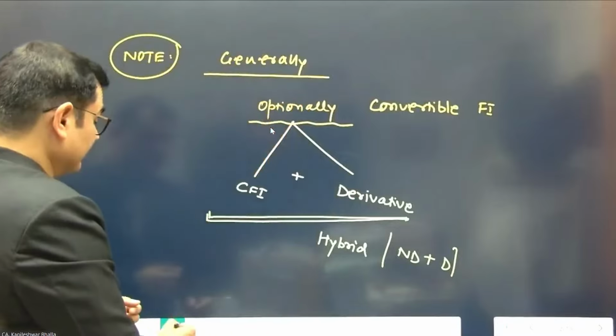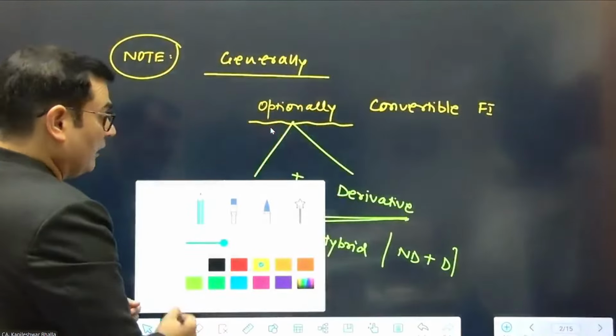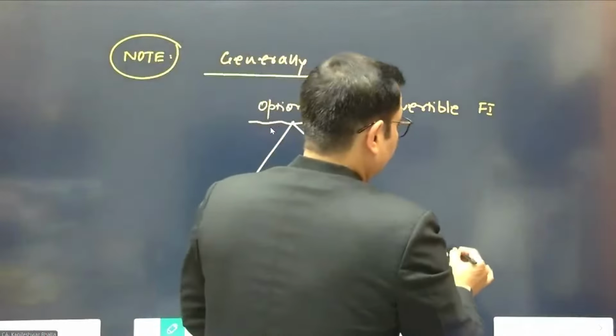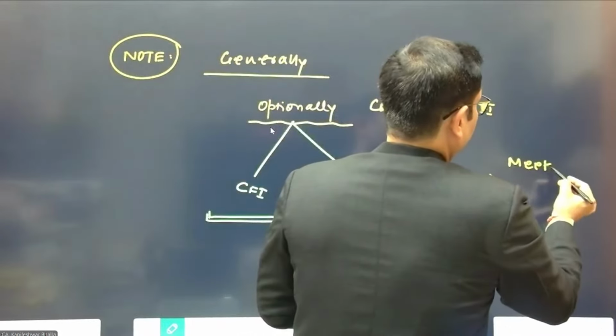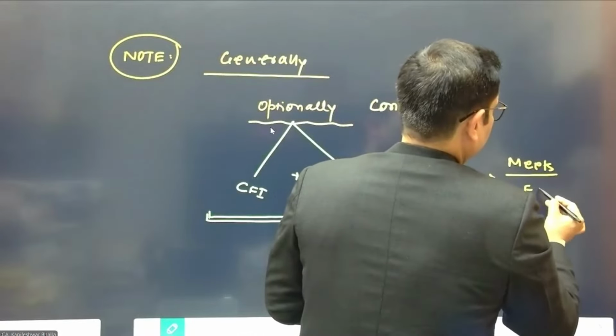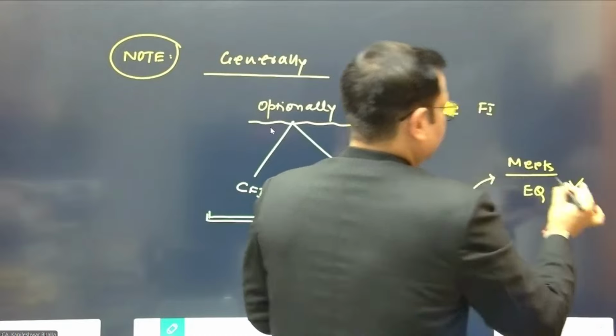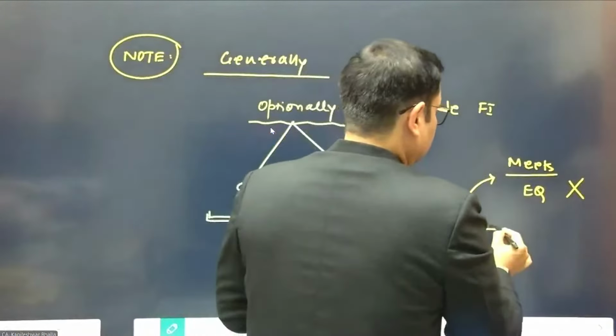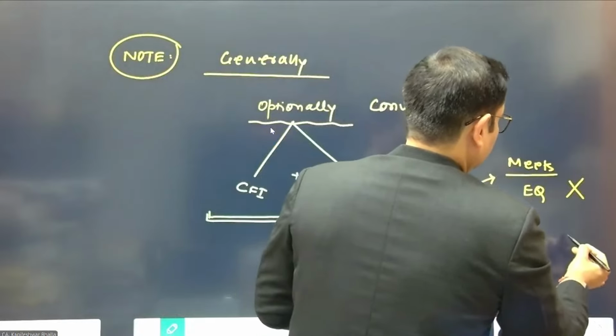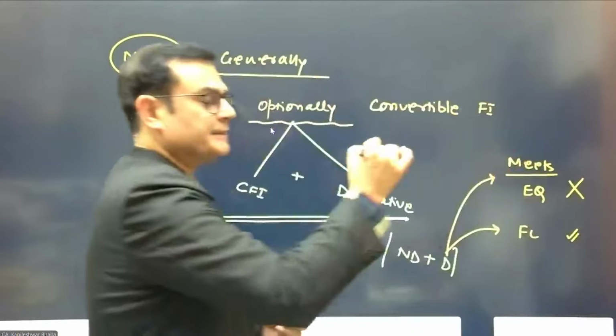And we also decided something more as well. What we decided in this particular case is if this derivative meets the elements of equity characteristics, it is not segregated. And if this derivative meets the characteristics of a financial liability, then it is segregated.